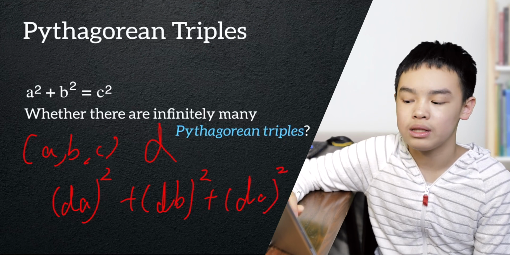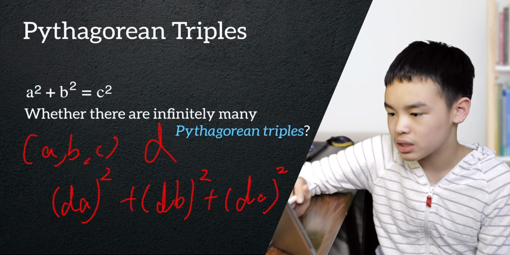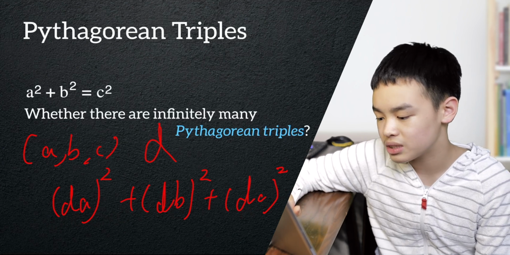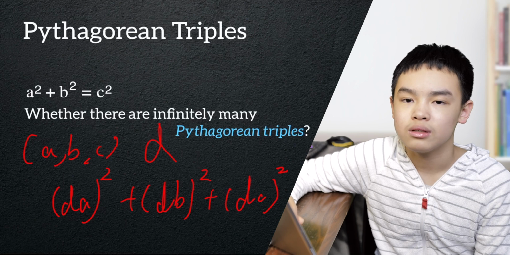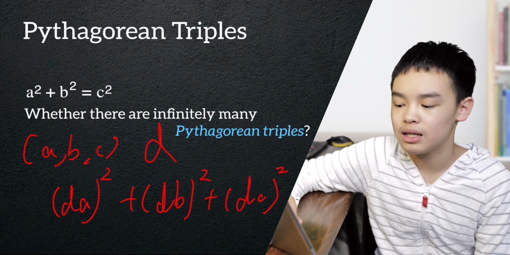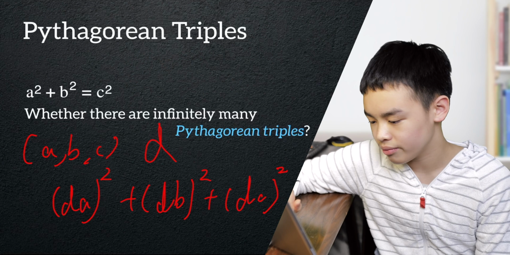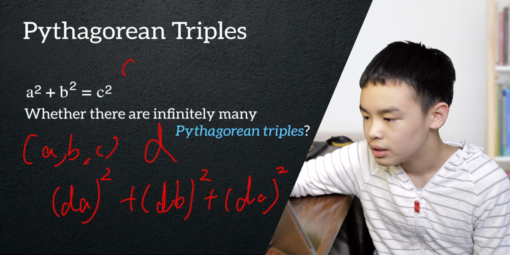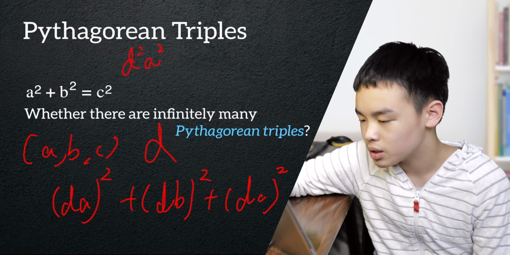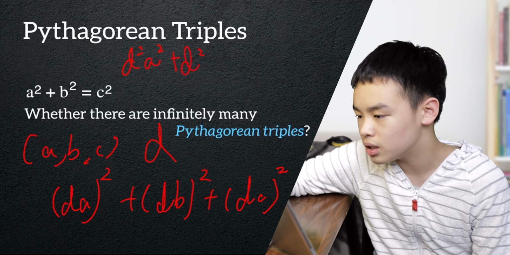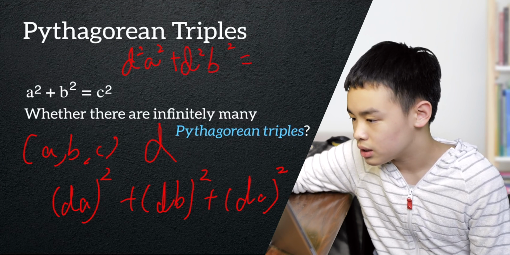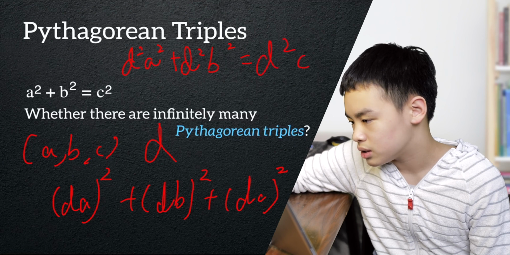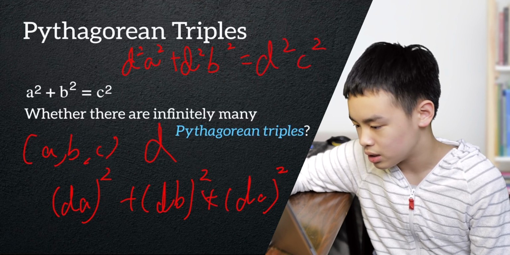And you probably know why this equation is basically the exact same as this equation, because if we open up the parentheses, and I'm going to write it over here, d squared a squared plus d squared b squared equals d squared c squared, and this should actually be equal.